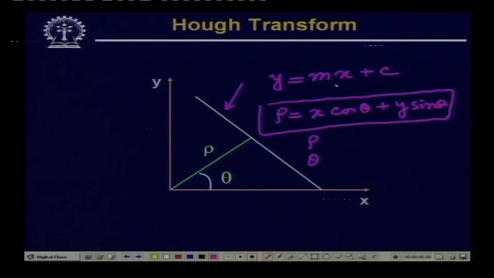So, unlike in the previous case where the parameters are the slope m and c, now my parameters become rho and theta. And when I have these two parameters rho and theta, then the situation is quite manageable. That is, I do not have the situation of leading to a parameter which can take an infinite value.